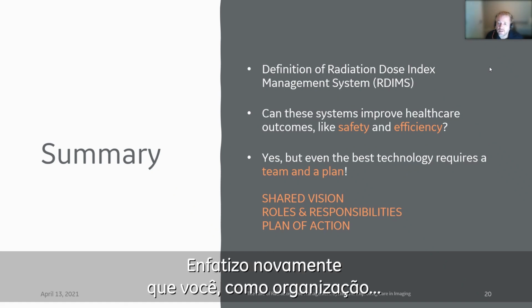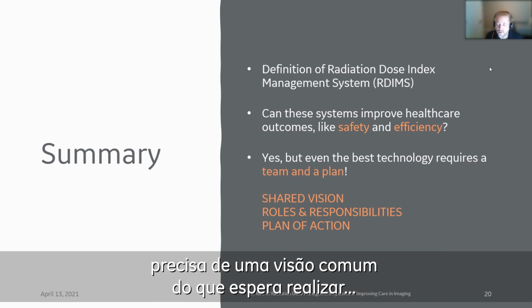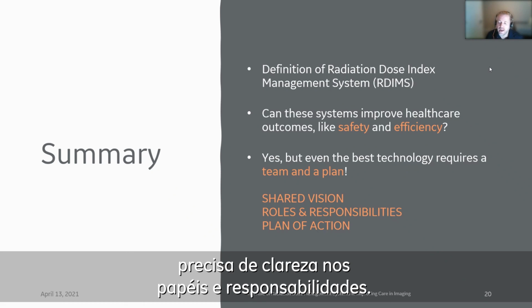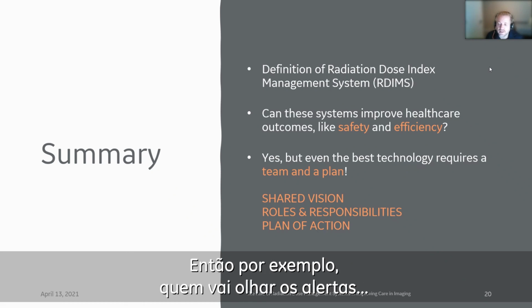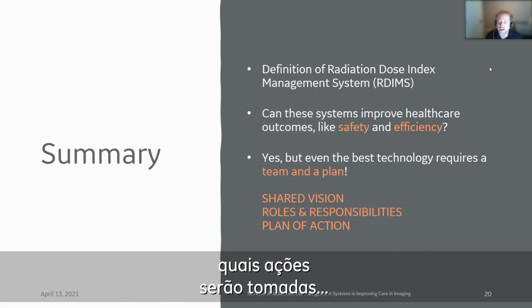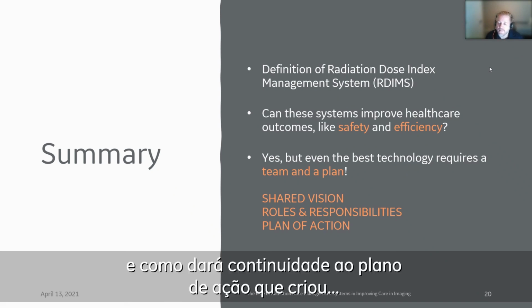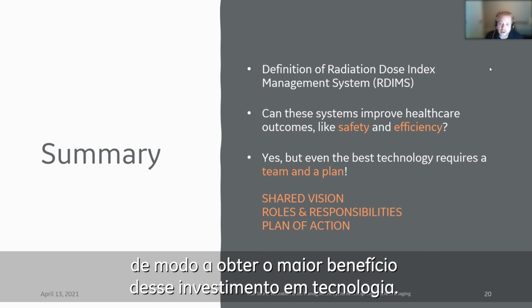And again, I want to stress it's important that you as an organization have a shared vision of what it is you hope to accomplish, that you have clear roles and responsibilities. So for example, who's going to look at the alerts, what action is going to be taken, right? And follow up on this plan of action that you create, right? So that you can get the full benefit of this investment in technology.